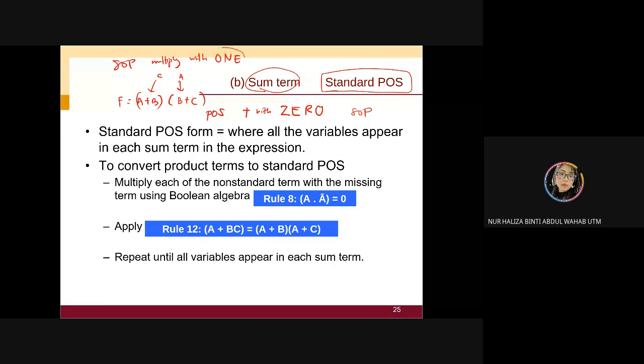Whatever you multiply with 1, you didn't affect anything for your value, so you still get the similar answer. But for your POS, you know it is a sum. That's why you're going to add with 0. When you add with 0, you didn't affect any of your value. You just want to add the variables only.